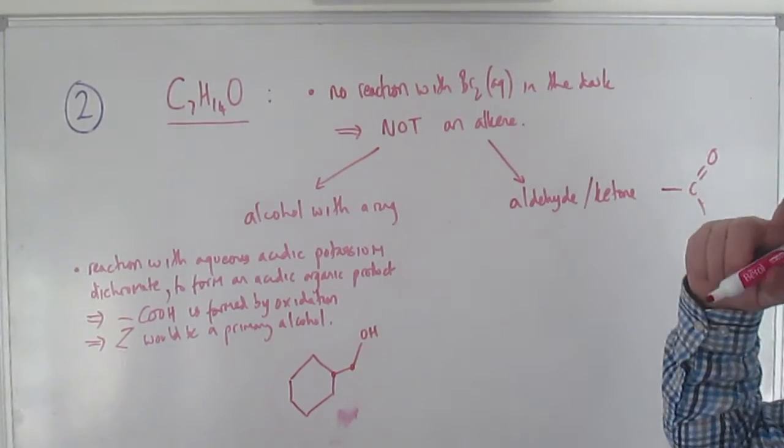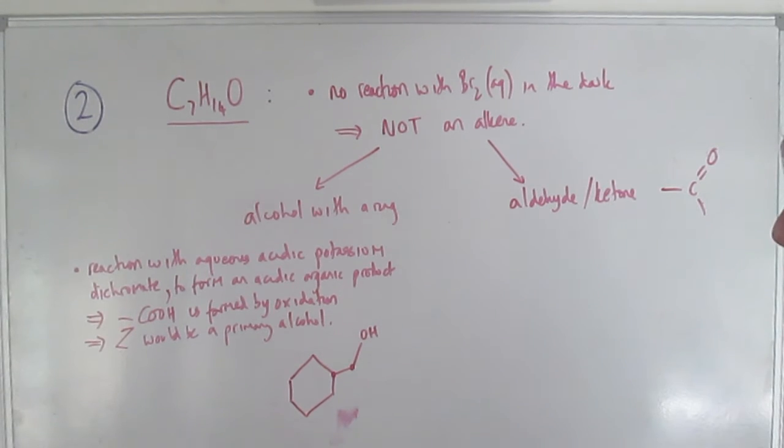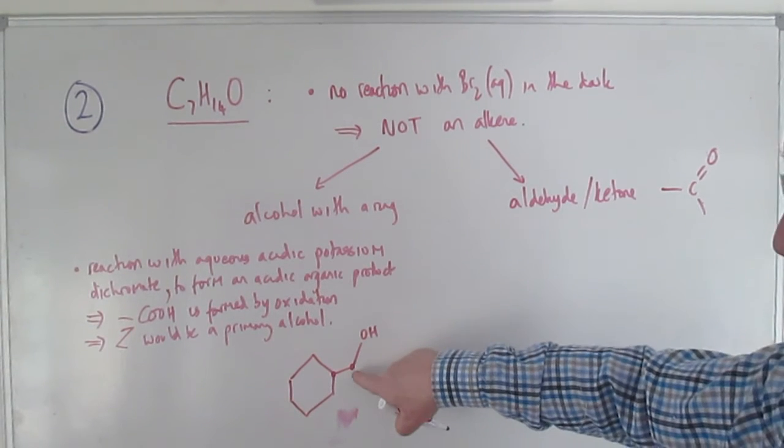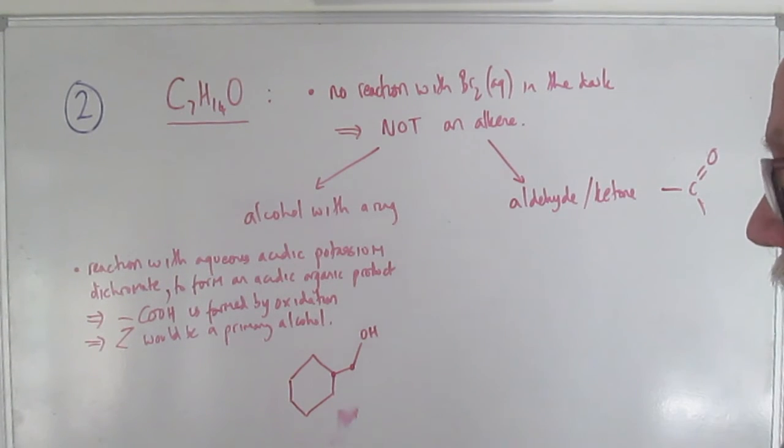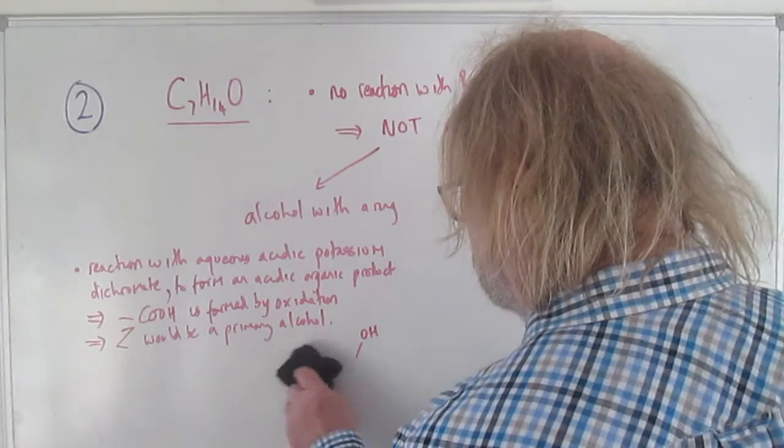So if it were that structure, it would react because you've got the OH group there, you've got a hydrogen here, so it can't be that, because that would give an alkene in the way that most alcohols do. So the lack of reaction with conc sulfuric acid is very important.